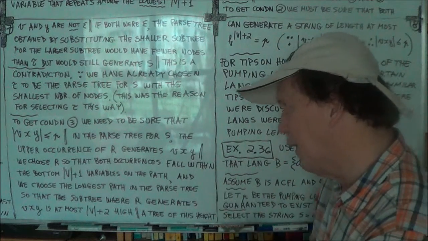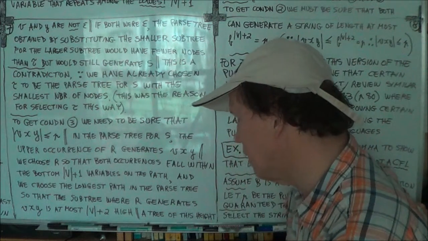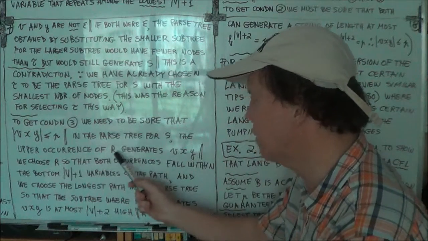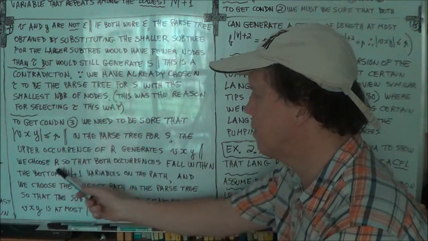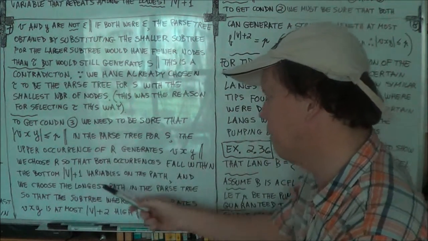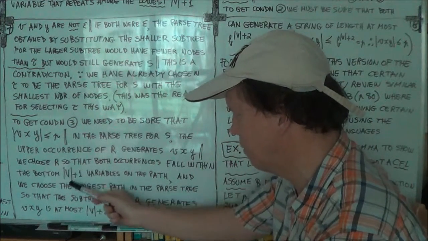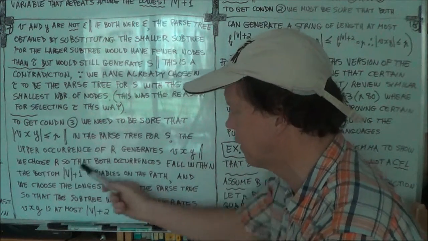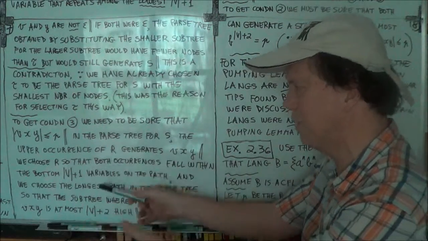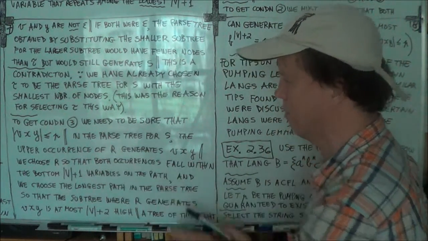And we chose that repeated R so that it lay in the bottom mod V plus 1 variables. Okay, we chose that, and in this proof you'll see why.